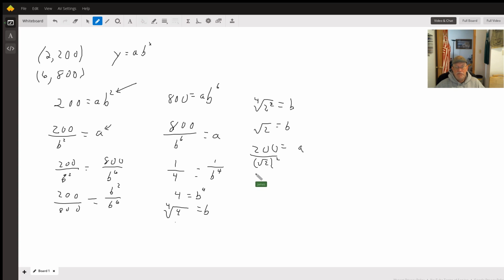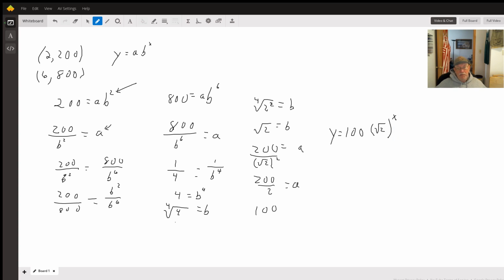Well, the square root of 2 squared is 2. I get 200 over 2 equals a. So a is 100. So our equation is y equals 100 times the square root of 2 to the x power.